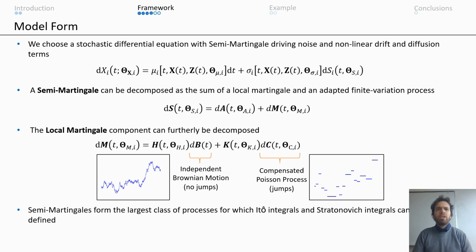The Brownian motion component will be the one responsible for the part of the deterioration process that has no jumps, for example, the gradual deterioration, while the compensated Poisson process component will be the one responsible for the part of the process that exhibits jumps, that is, the shock deterioration processes.